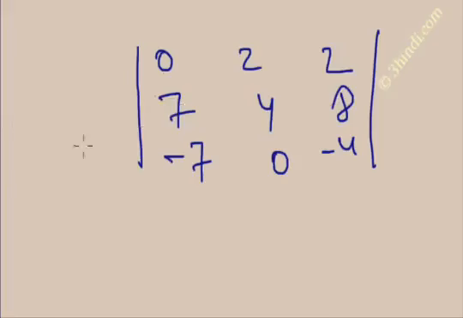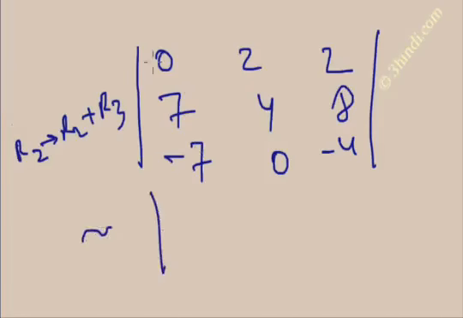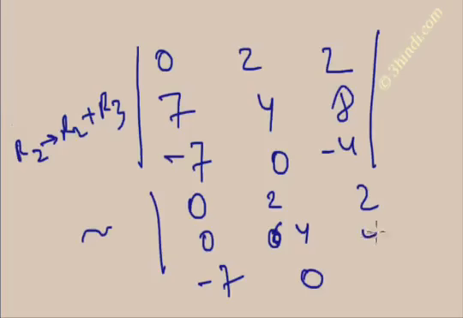To make more zeros, you perform R2 plus R3. This gives 0, 0, minus 7 and 6, 2, 4, then 4, 0, and 8 minus 4 is 4, so 4 and minus 4.